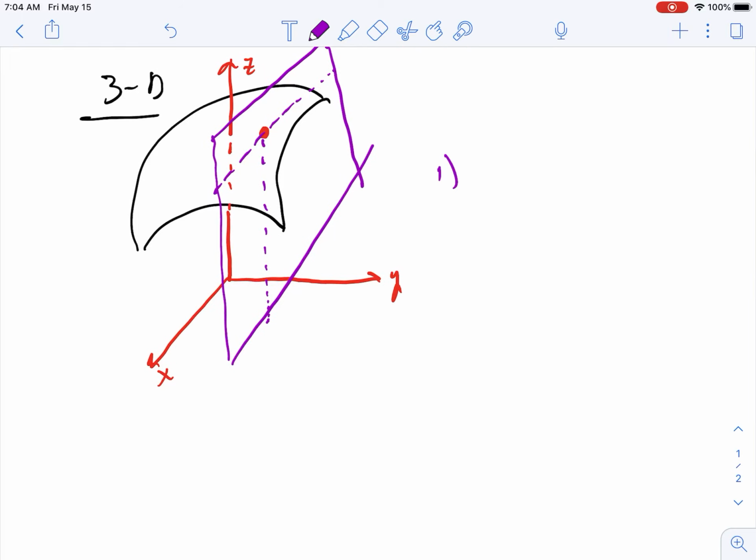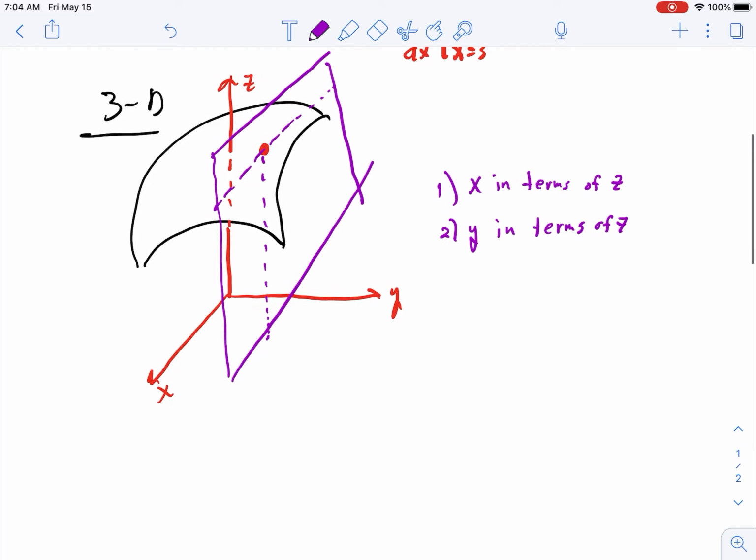One, I could do it in terms of x in terms of z, or two, I can do y in terms of z. This last one I did was in terms of y.